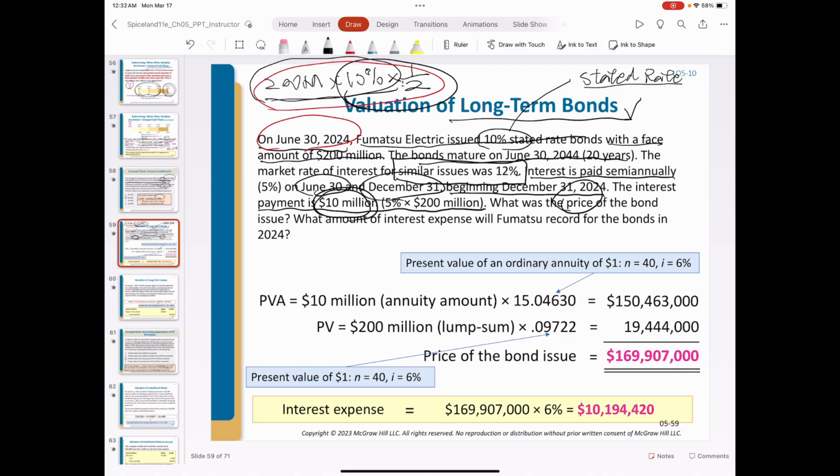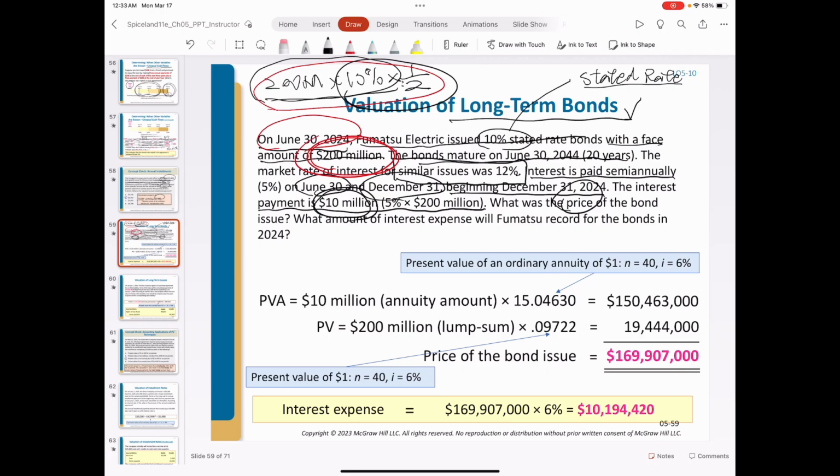There will be another terminal payment, which is due when the bond matures. This is the principal, the face value, $200 million, paid just once when the bond matures. So this is a single amount of cash flow. That's all the cash flows.